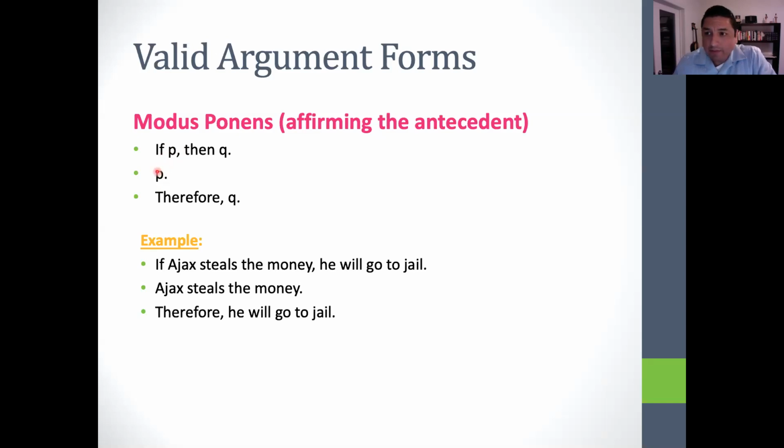Okay, so when you have those two things as premises in an argument, then you can go on to infer the conclusion, which is the consequent. So again, here's a conditional, right? A conditional is one premise. The second premise is an affirmation of the antecedent here. And then as the conclusion, you can bring down as a statement in itself, the consequent. Okay, so here's another way of looking at it.